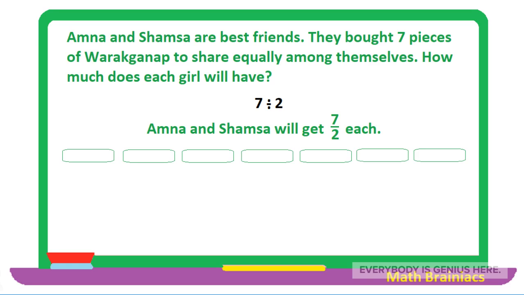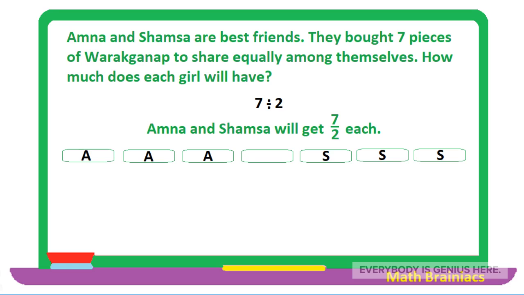Accordingly, we're going to have 7 oregano. Then, we are going to distribute 1 piece of oregano to each girl, 1 for Amna and 1 for Shamsa. Since we have more oregano, we're going to give 2 pieces to Amna and 2 pieces to Shamsa. To finish distributing the oregano, we're going to give 3 pieces to Amna and 3 pieces to Shamsa.